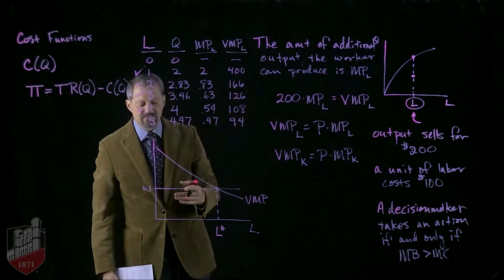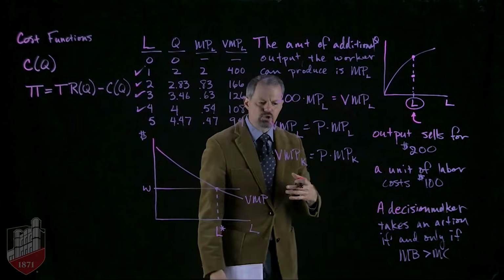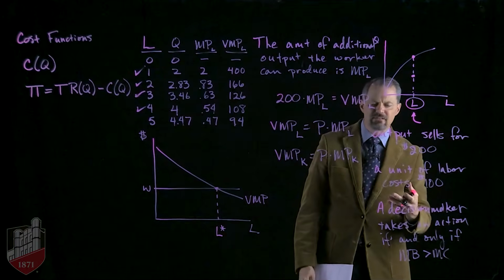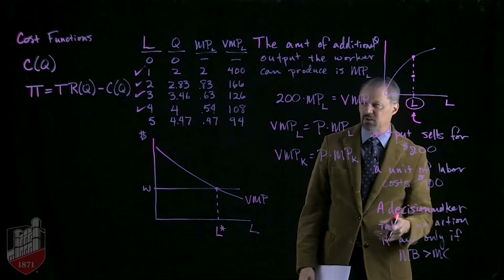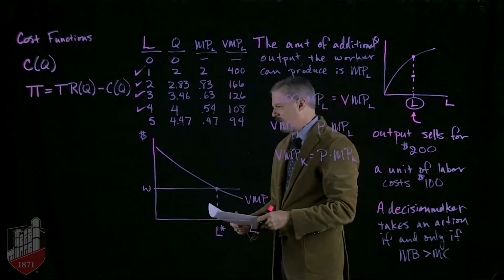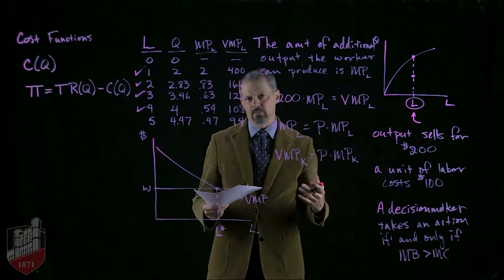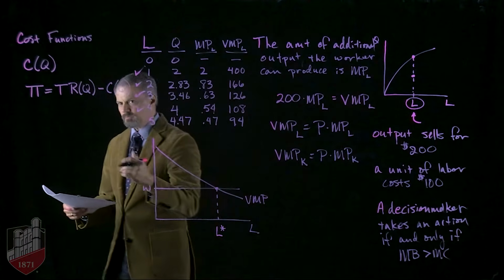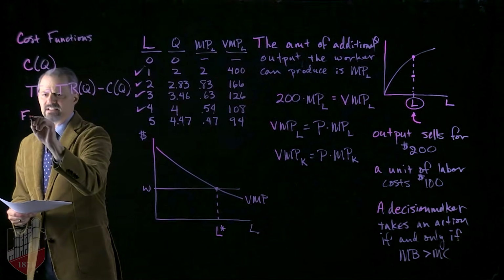We talked about the fact just a little bit ago that in the short run, some inputs are fixed. Capital is fixed, for example, in the short run. Other inputs are variable. And so we're going to be thinking about fixed inputs.